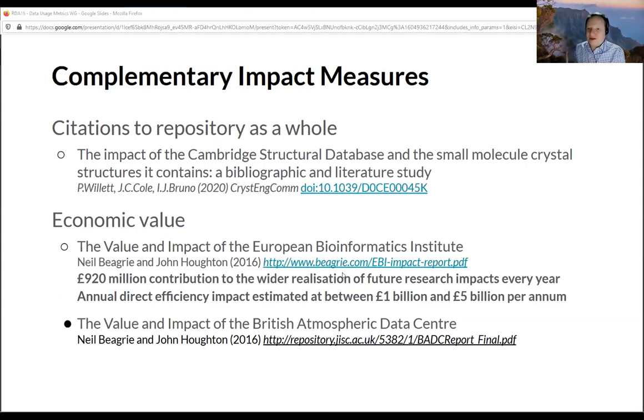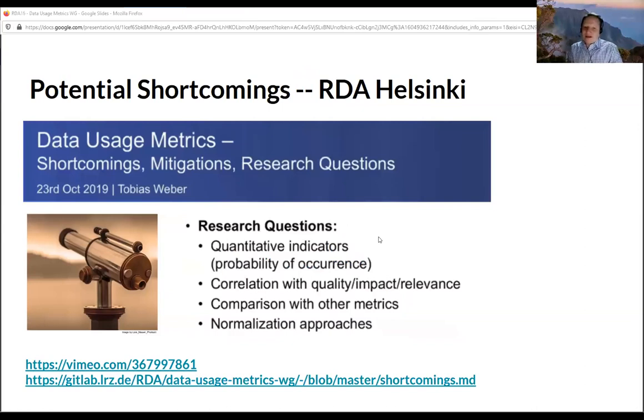There are ways we can think about complementing data usage metrics for usage as a whole, looking at citations to the repository, and there have also been studies in other areas looking at the actual economic value and impact of various resources. This leads on to work that Tobias Weber did as part of his research, also sharing it through this group, looking at some of the mitigations and research questions that might arise from these concerns about pitfalls.